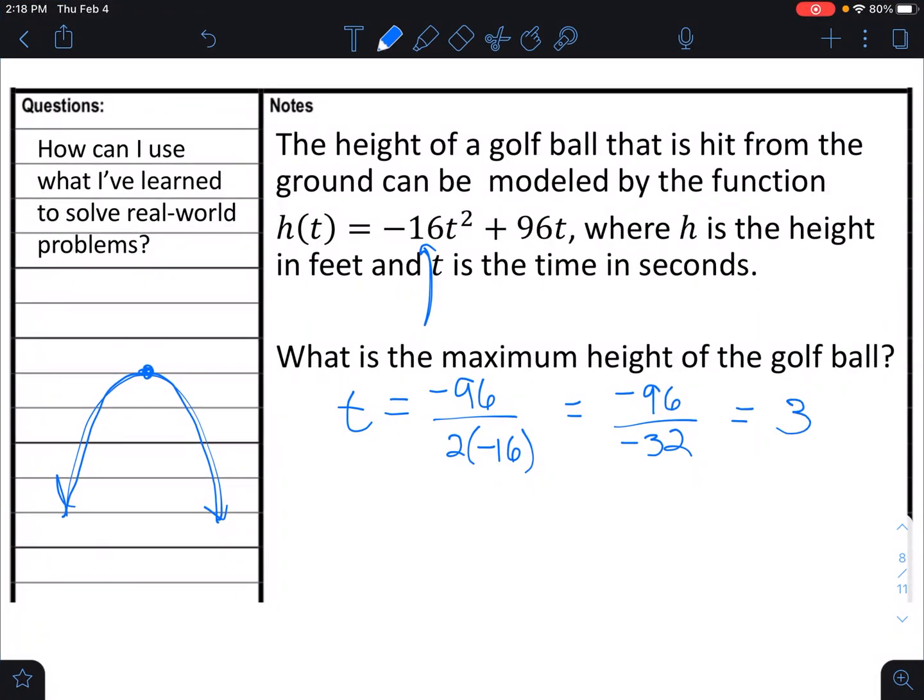So that means after 3 seconds, t represents seconds, after 3 seconds it gets to the highest point. So it only takes 3 seconds to get to here. Now we just need to figure out what this height is, right? Okay, so in order to do that, the height is equal to negative 16 times 3 squared plus 96 times 3, and that's it.